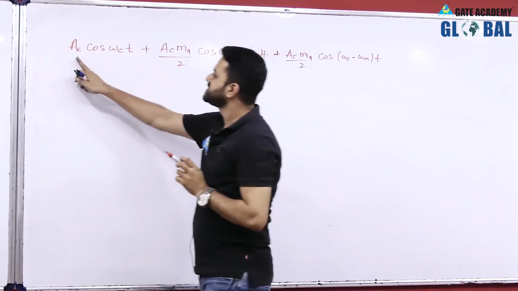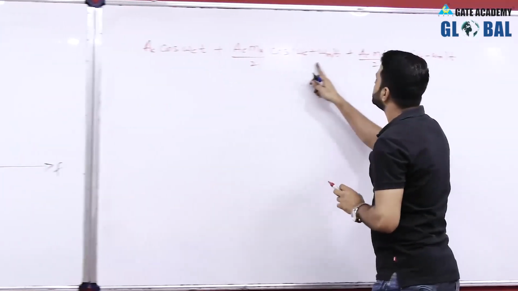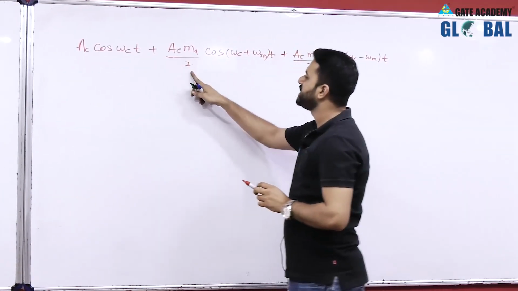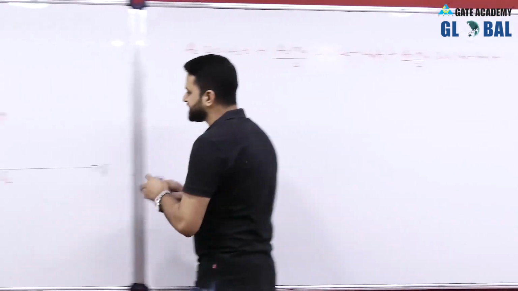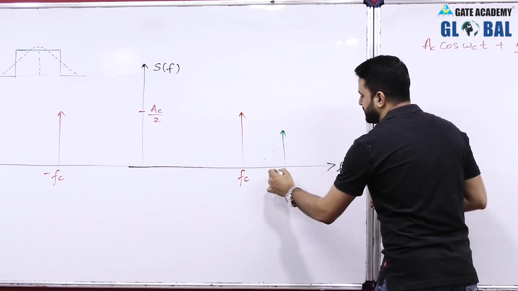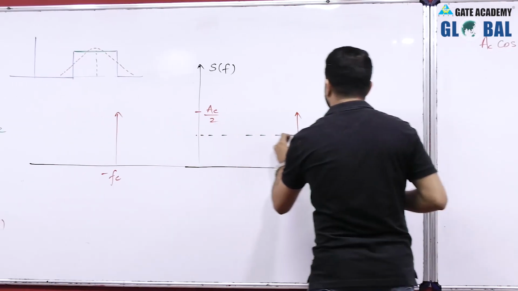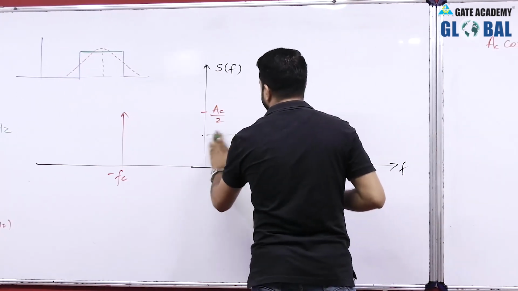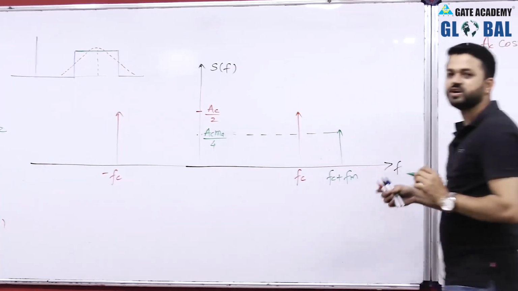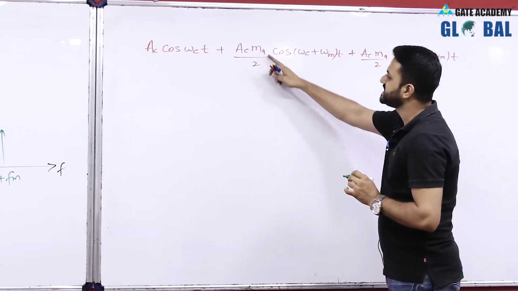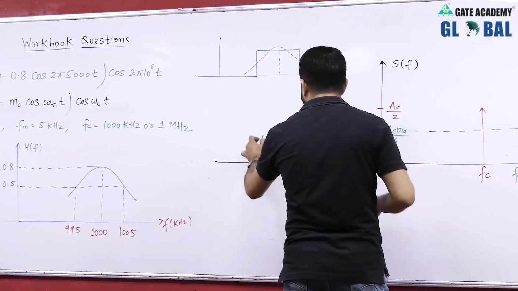The carrier amplitude was AC and now it is half of the carrier amplitude. The signal has amplitude AC Ma by 2 and its frequency is Fc plus Fm. So we will get the impulse at Fc plus Fm, and its amplitude would be AC Ma by 4, because it is half of this amplitude, AC Ma by 2, and we will get the same on the negative side also.